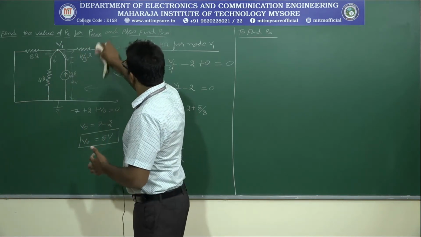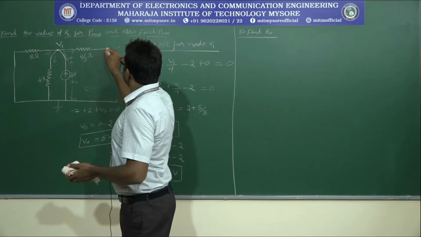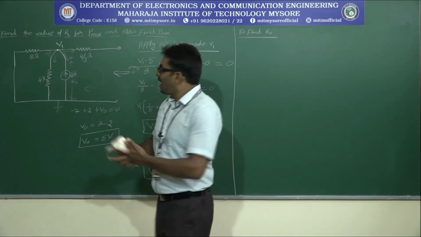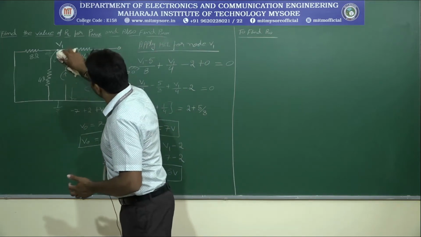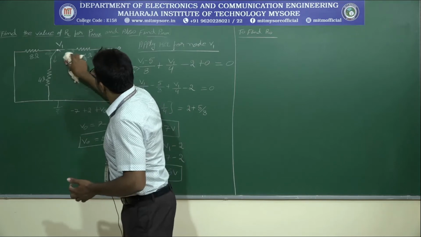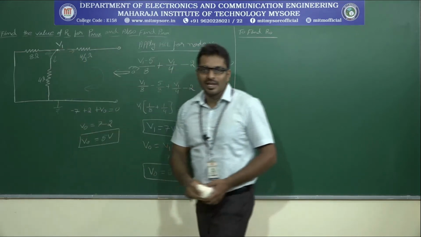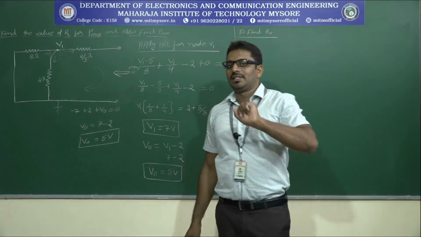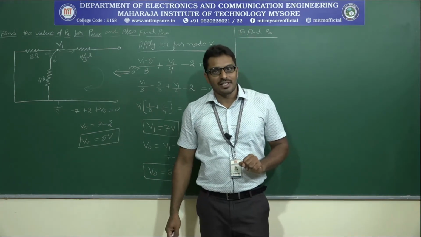One more voltage source here, all voltage sources by short circuit and current sources by open circuit. Open circuit means just remove this current source. Is it clear? This is how we can find out R naught. R naught is nothing but Thevenin's resistance.